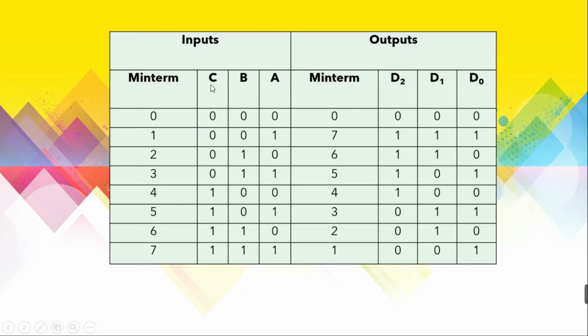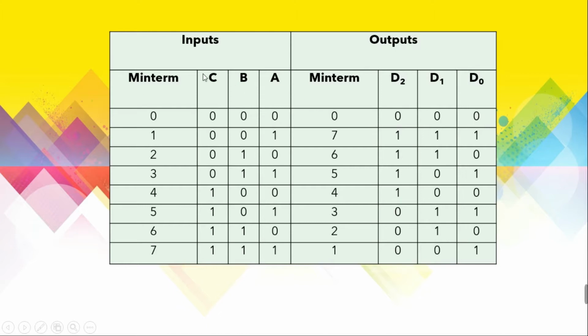You can see the representations here: for 0 the representation is 0 0 0, and if I take a look at the output, it also gives me the result 0 0 0. So the output is the 2's complement representation for this number.